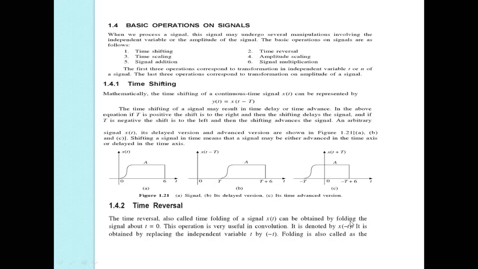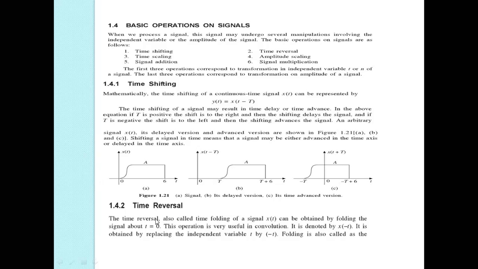It is denoted by x of minus t, the folded function. For negative values of t, we get the positive values of x of t. The amplitude of the signal on the negative real axis is obtained on the positive real axis.